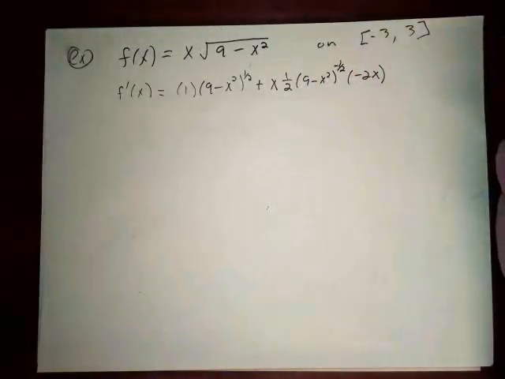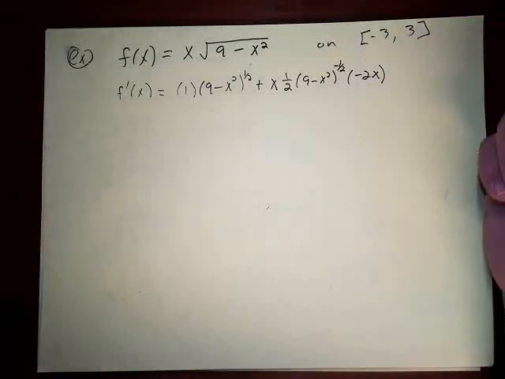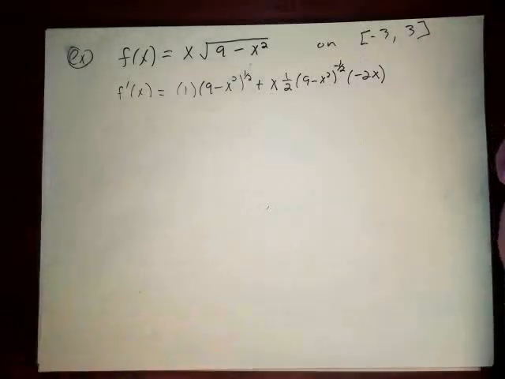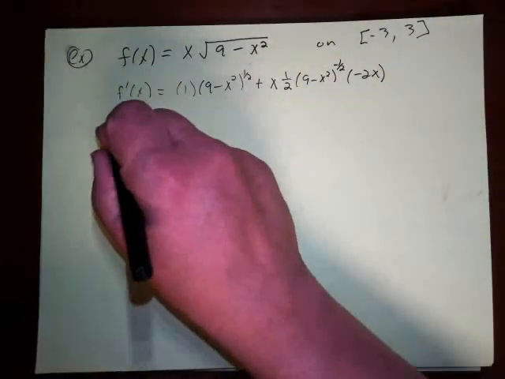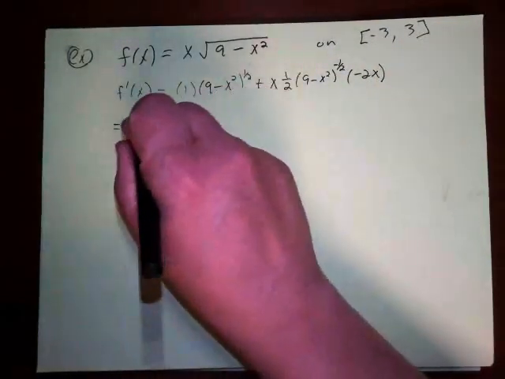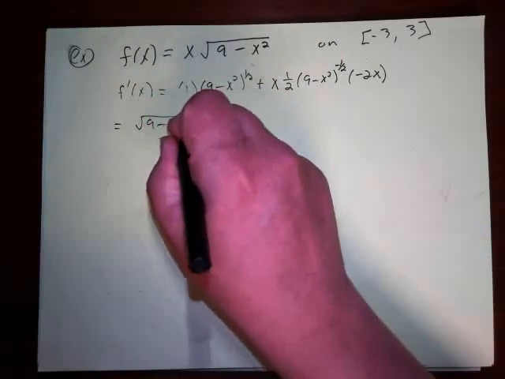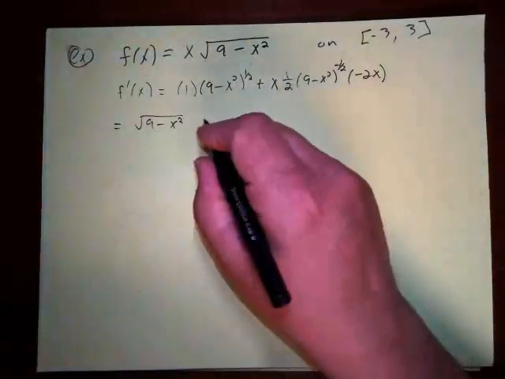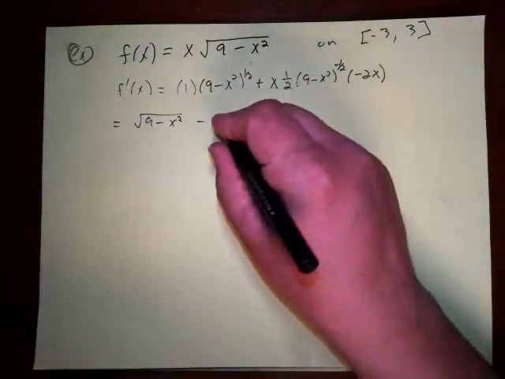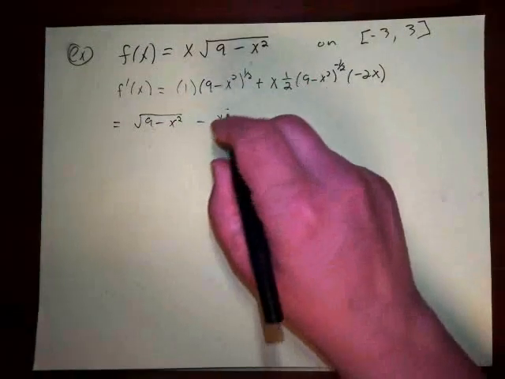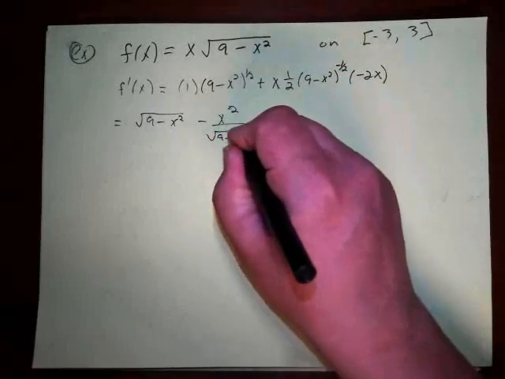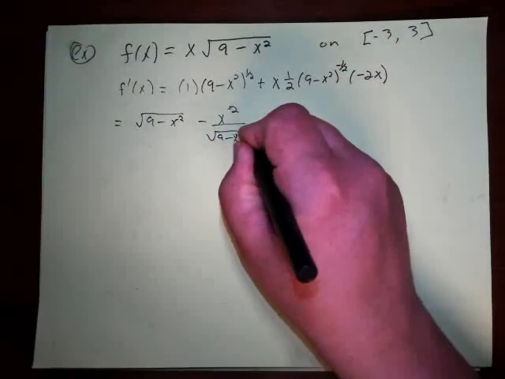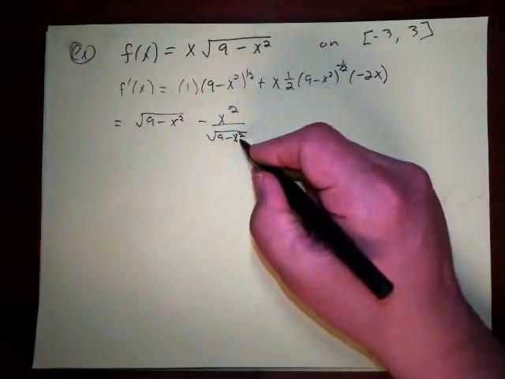Okay, so now I would like to simplify this as much as I can. I'm going to switch that back, I think it'll be easier to deal with it like this. This then becomes minus, the 2's cancel out, but then I get x squared over the square root of 9 minus x squared. So you get something that looks like this.